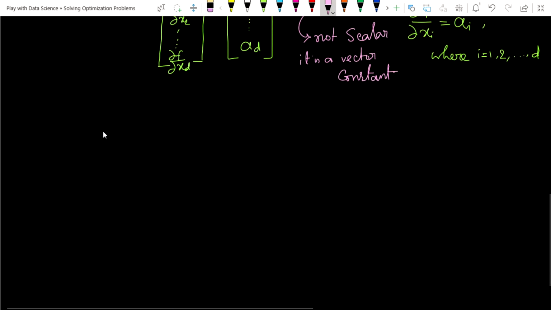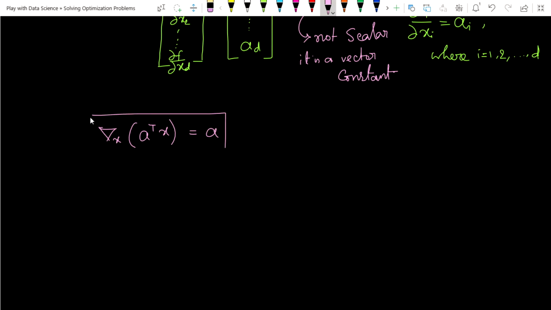So if you simply write del x of A transpose x, what is it? It is A, in vector notation.